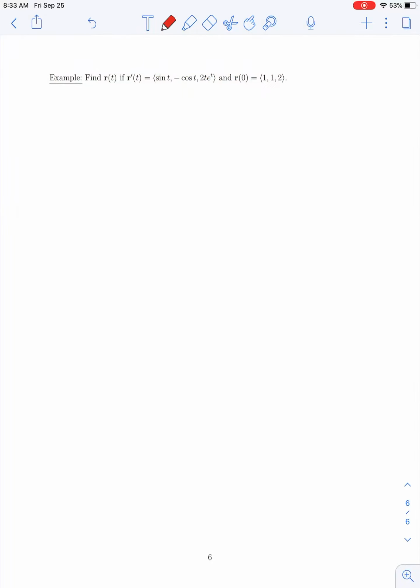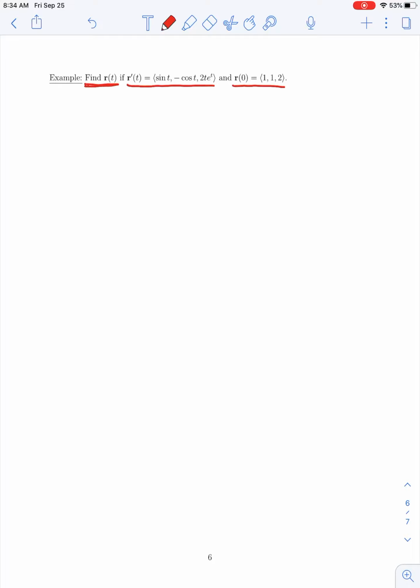Here we have an initial value problem where we're asked to find the vector function r of t if its derivative is known and the value of our vector function at some particular value of t, namely t equals 0, is given. So we have a differential equation which also involves an initial condition.